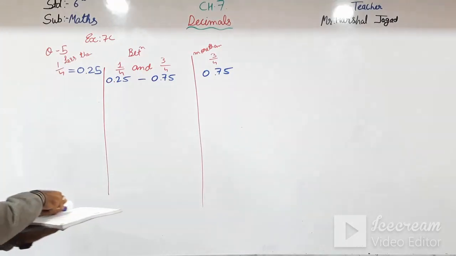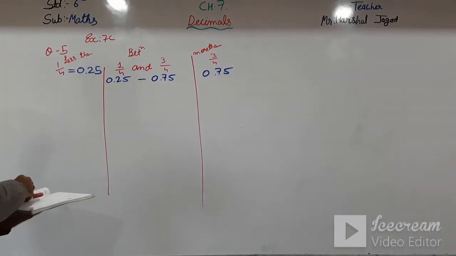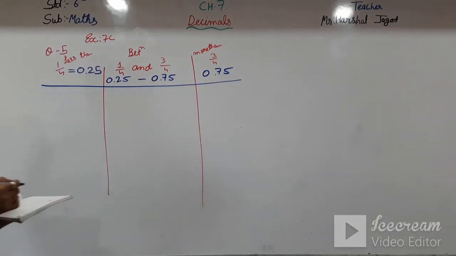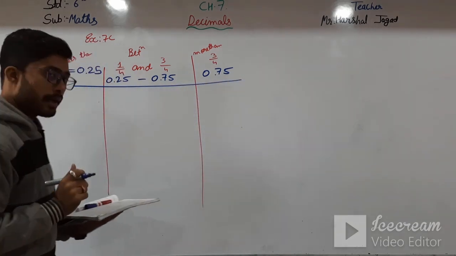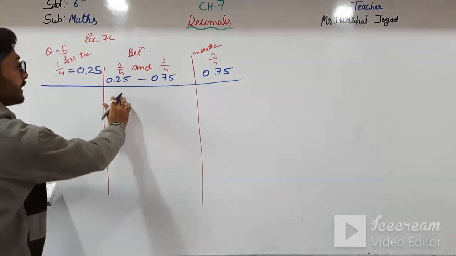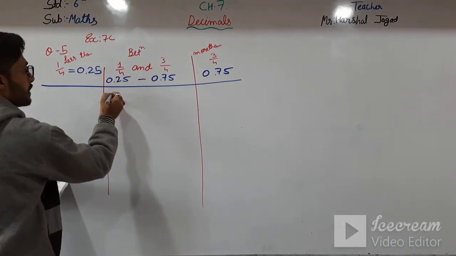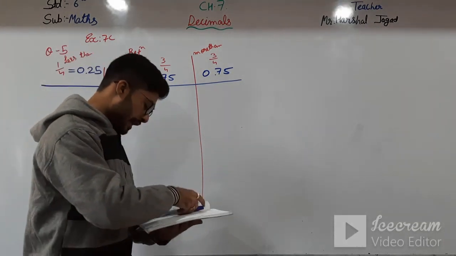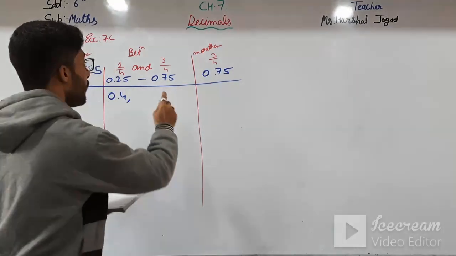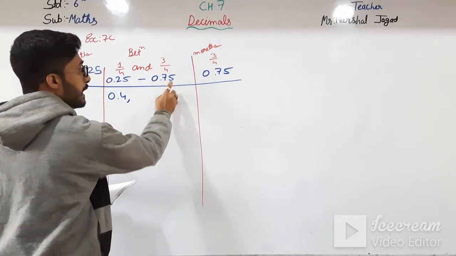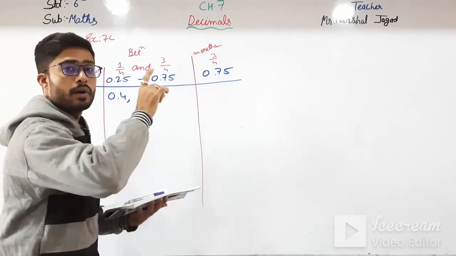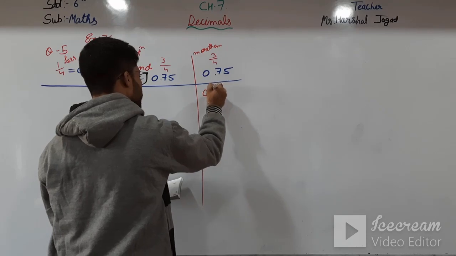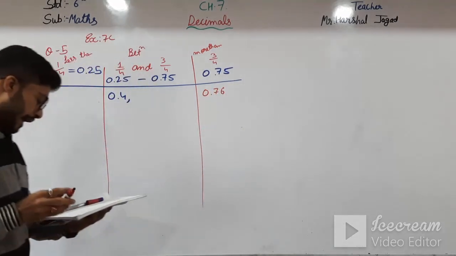You can see where 0.4 is, and just draw a line so you don't get confused. 0.4 is between this and this. Another one, 0.76, means it is more than this, so it will come over here. I will write 0.76.